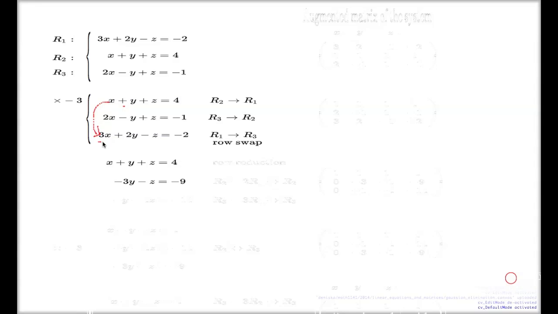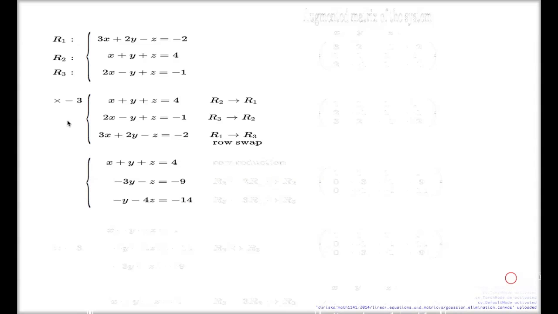That will vanish this term. Something will happen to these two terms. Let's just see what happens to them. It will be -3 plus 2, it's -1. -3, -1, it's -4. And the right-hand side, it is -12 and -2, -14. Here it is.